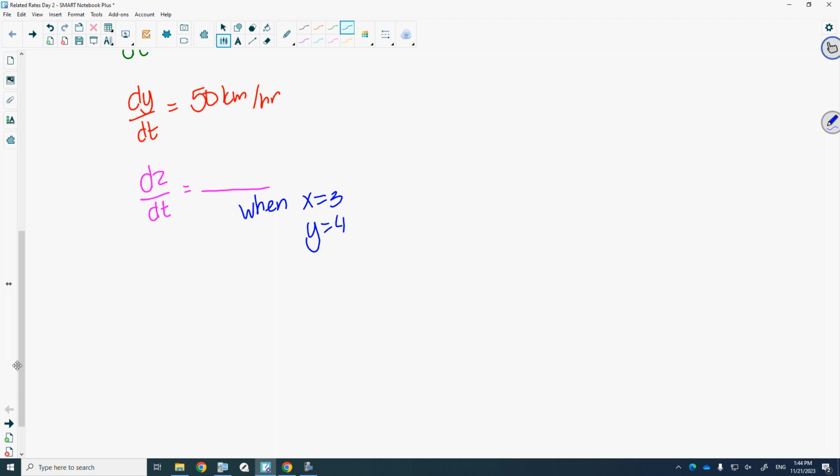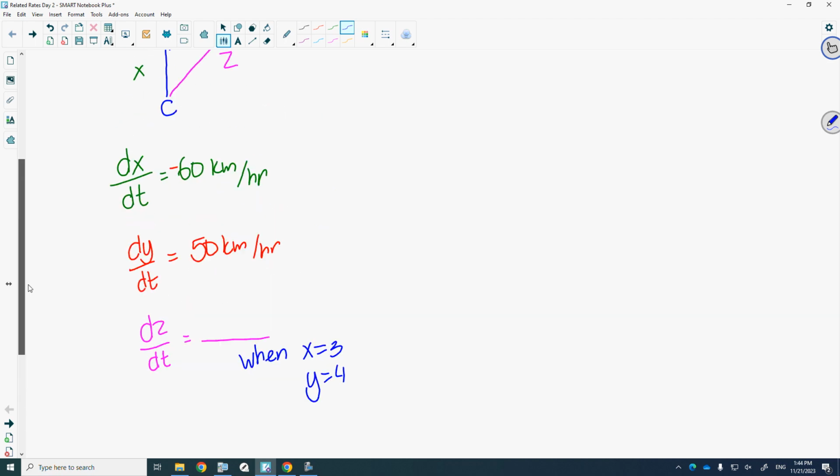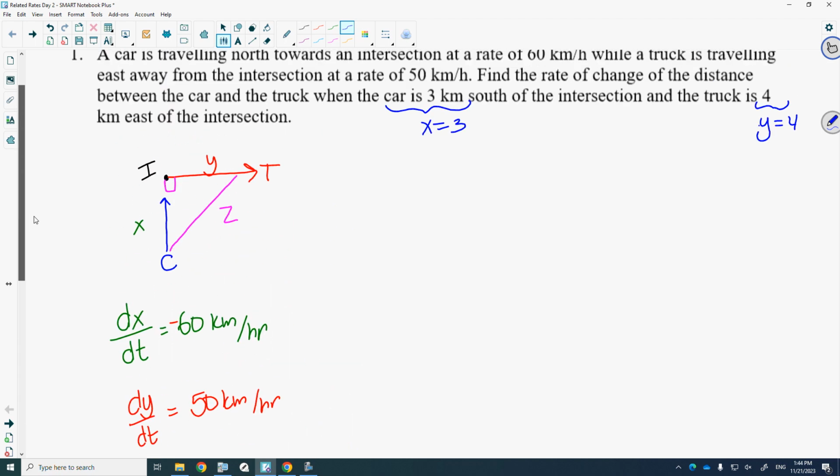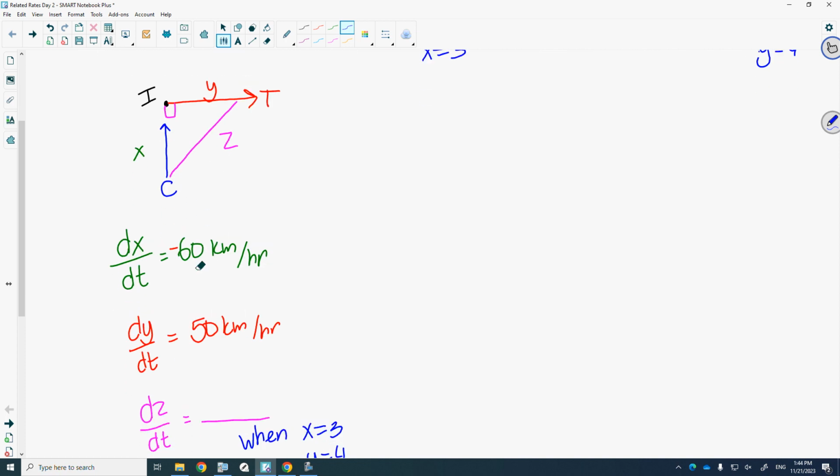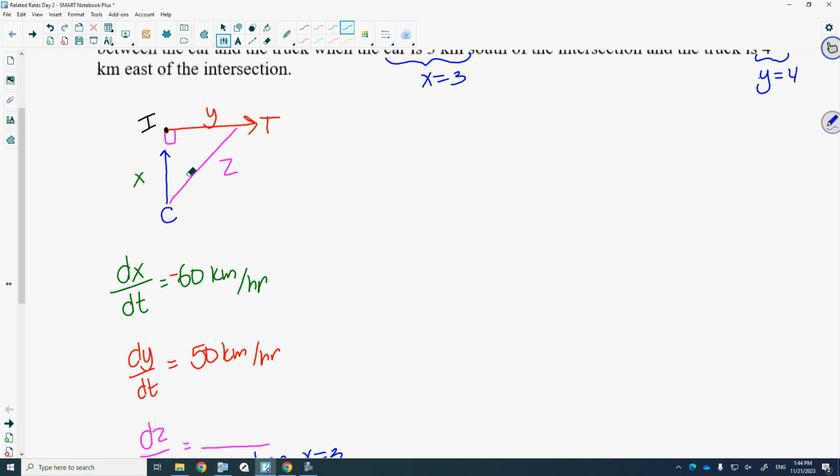Okay. So the first thing is you're going to say, okay, what type of problem would this be? Well, this is a right angle triangle, so this is Pythagorean's theorem. Remember, we need to come up with a formula that would relate x, y, and z. And what would that formula be?